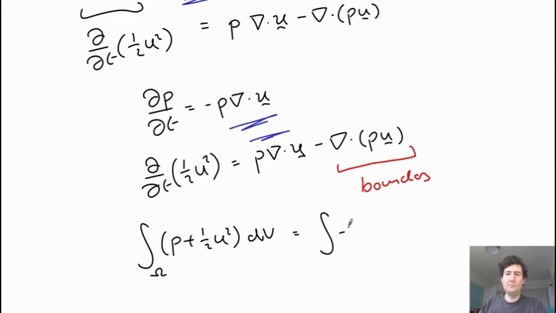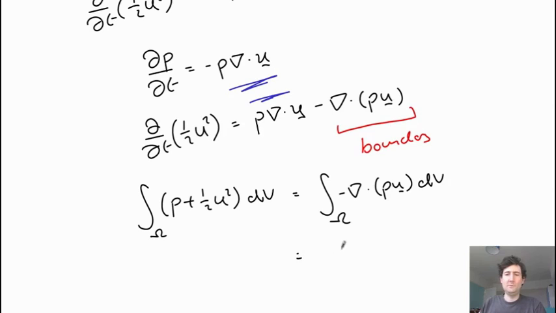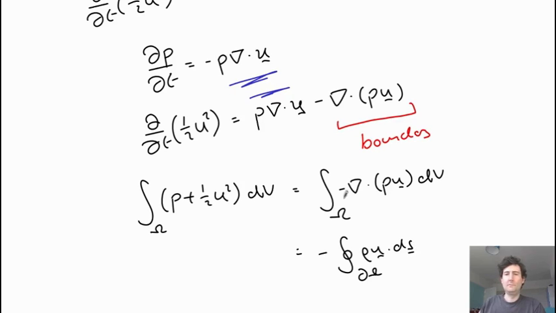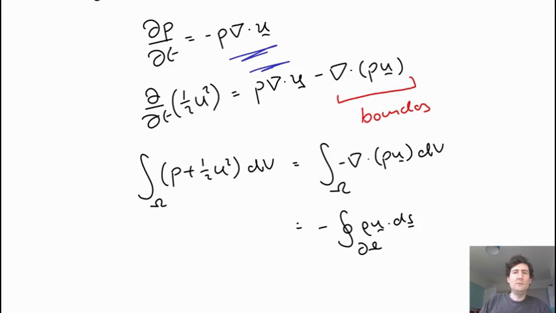So that's just the integral of minus divergence of pu over the whole domain, which just becomes minus the loop integral over the boundary of the domain of pu dot ds, the surface. So this means that this is the conserved quantity, which is essentially the energy, so the internal energy and the kinetic energy, and then this pu dot ds is the fluxes of energy through the boundary.